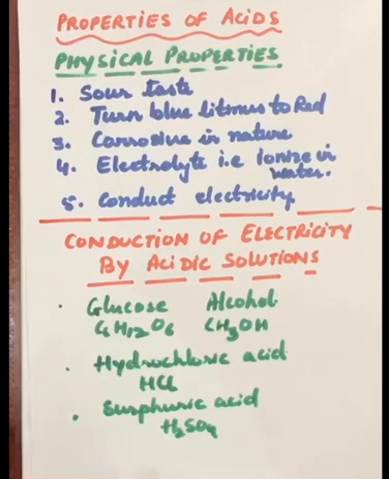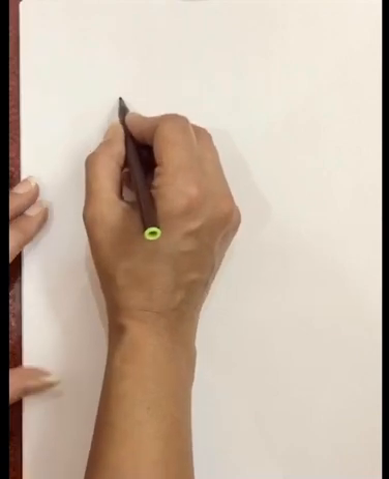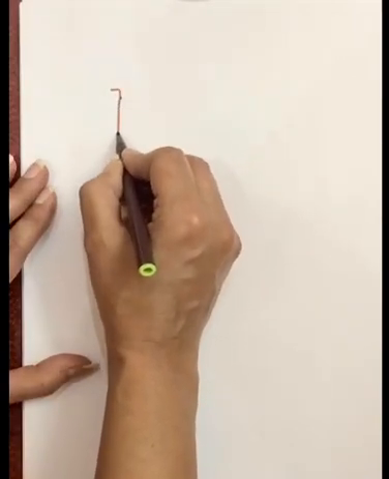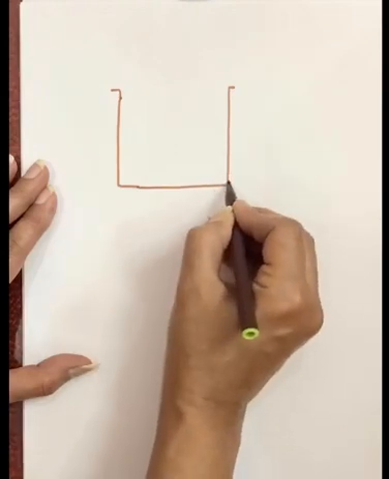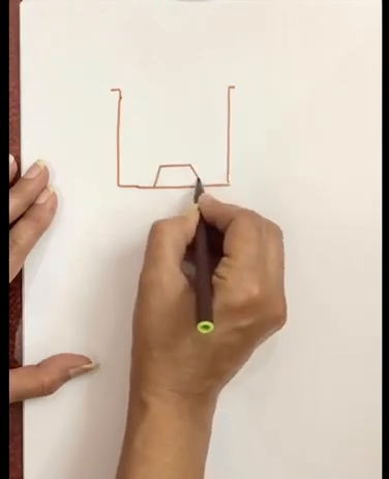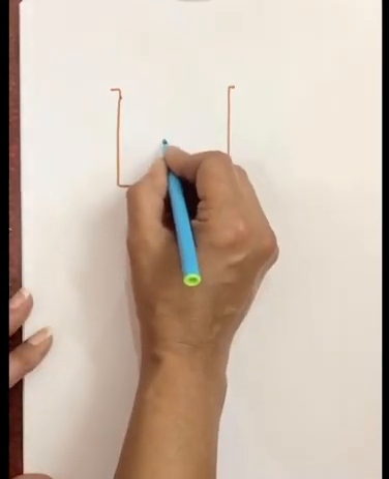For this we are taking a beaker. In beaker, we will take a rubber cork here. And in the rubber cork, we have to fix two nails.